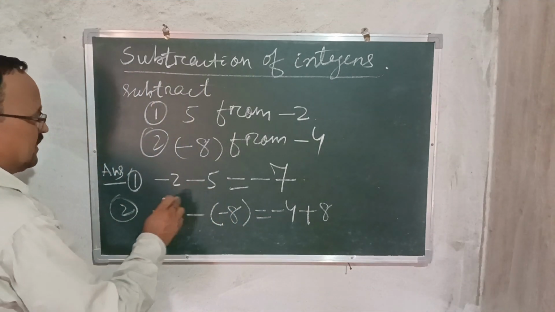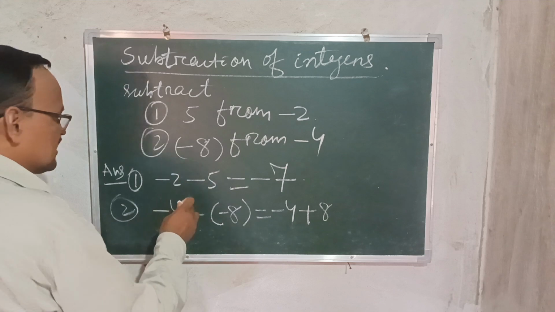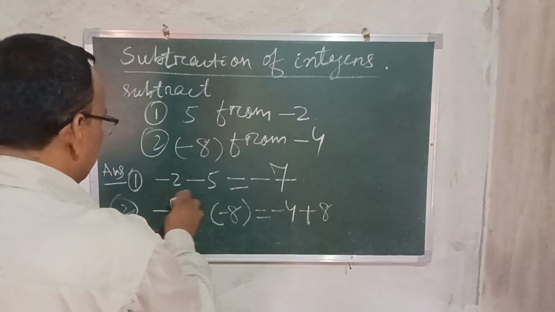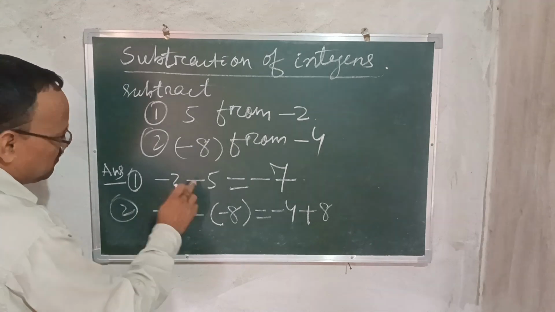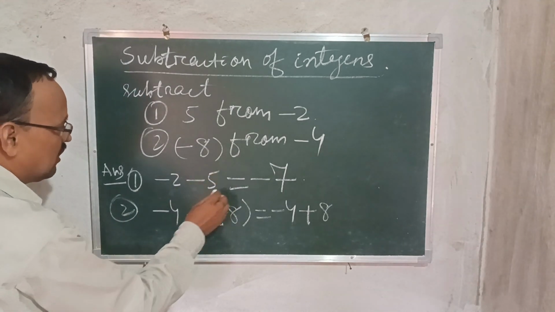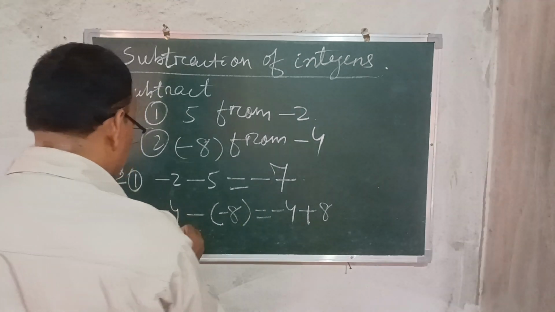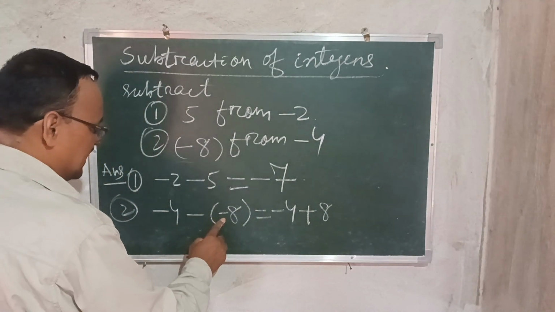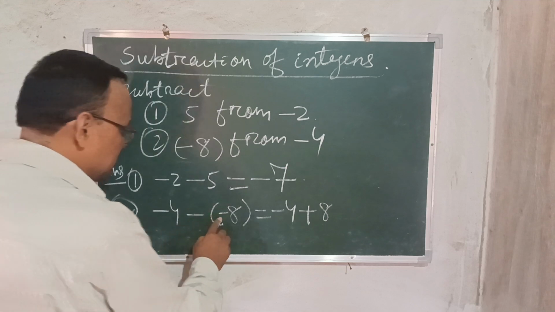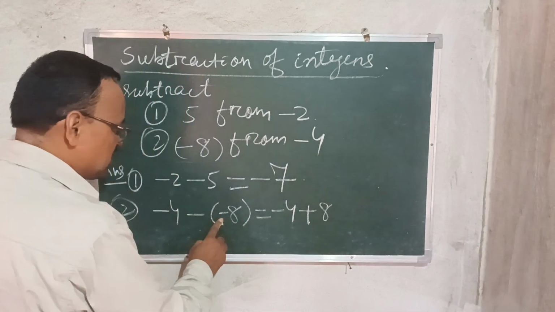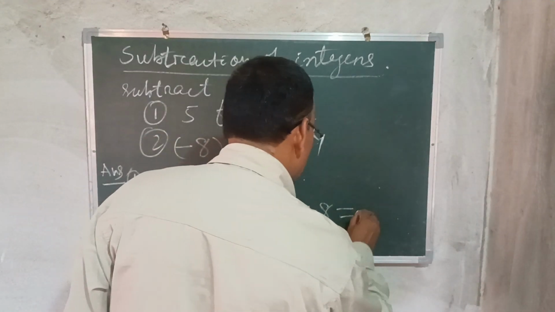In the first case, 5 is subtracted from minus 2, that is minus 2 minus 5, and by the rule of addition that is minus 7. Here, minus 4 minus minus 8, first we have to simplify this: minus minus is plus, and minus 4 plus 8 is equal to 4.